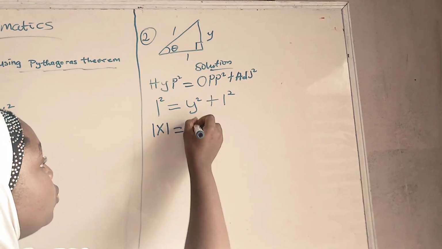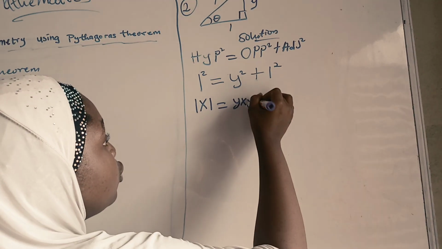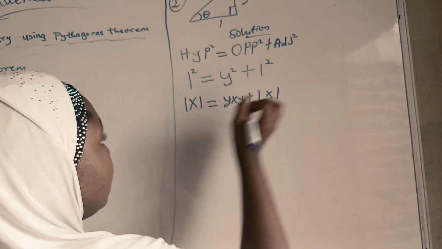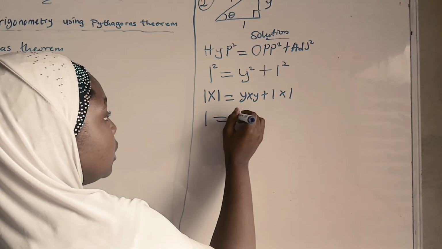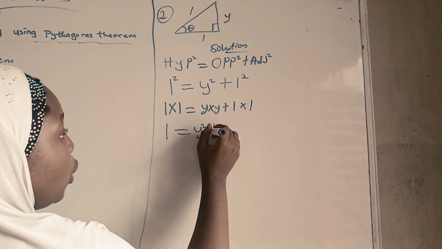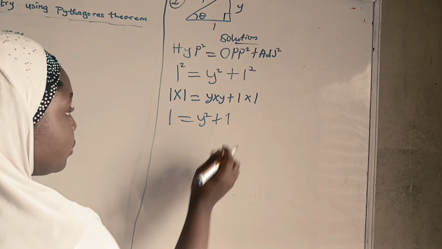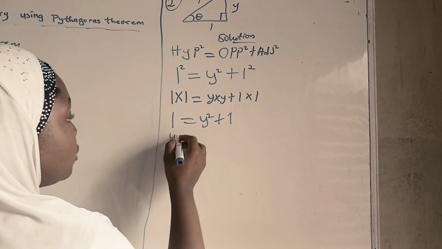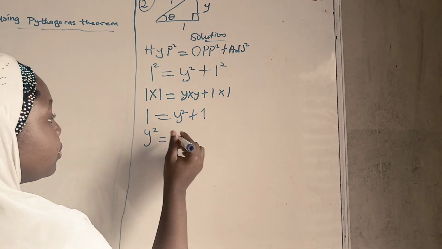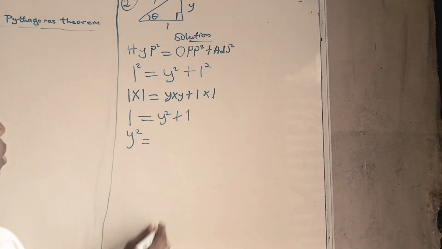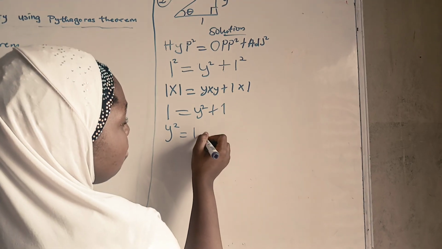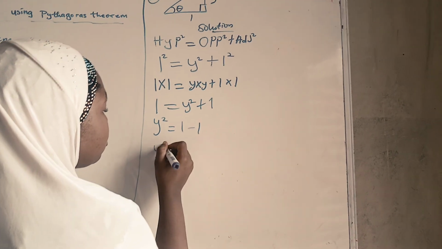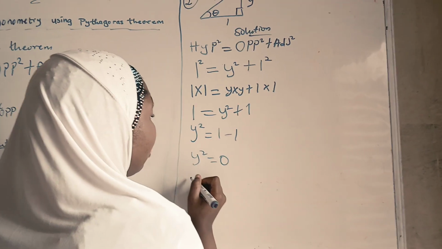So 1 times 1 is equal to y times y plus 1 times 1. 1 times 1 is same thing as 1. Y squared plus 1. Y squared will be equal to 1 minus 1. Y squared is equal to 0.